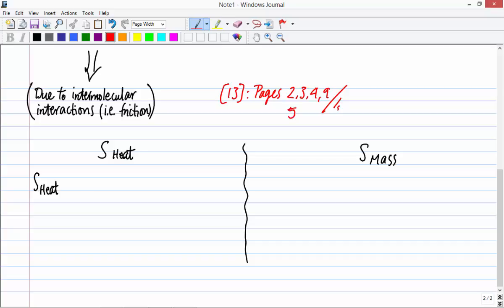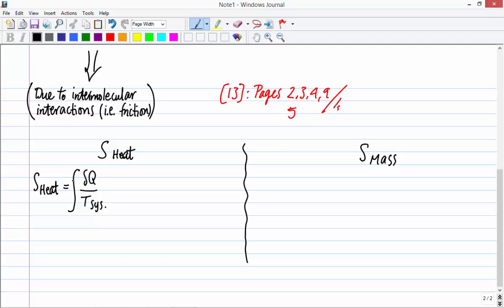Okay, so the entropy that was transferred by heat equals the integral over infinitesimal portions of heat which was transferred at a constant temperature system. Let's imagine that the temperature of the system does not change, and a small amount of heat is added to the system.